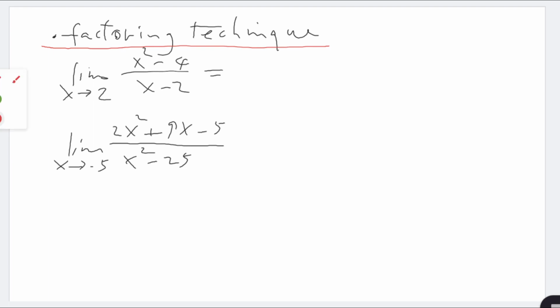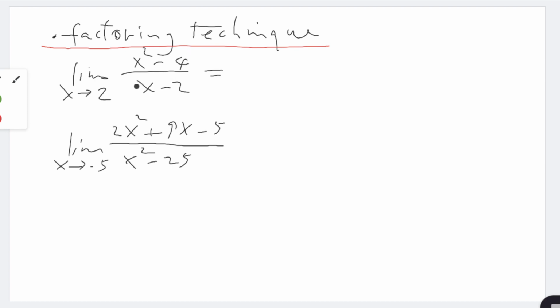Now, how this method works out is, whenever an expression becomes 0 for some value, it means x minus 2 is definitely a factor of that expression. This is because of an important result in algebra. So if an expression becomes 0, there's a zero factor.